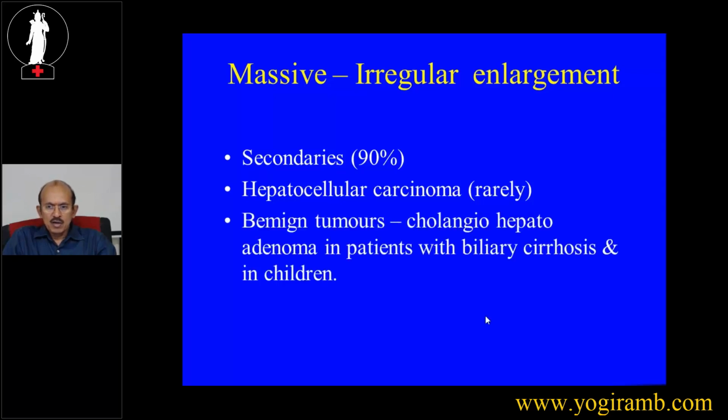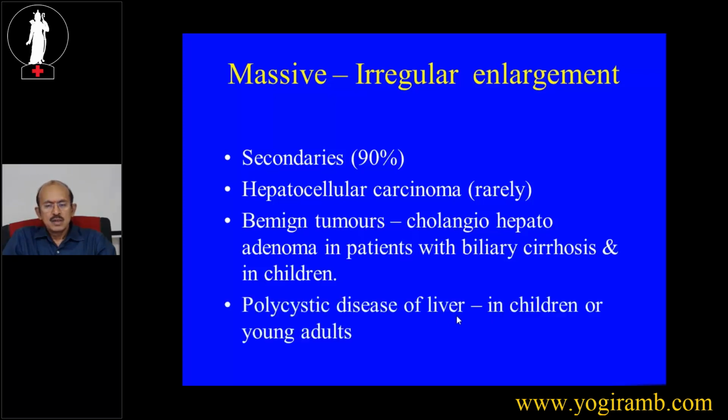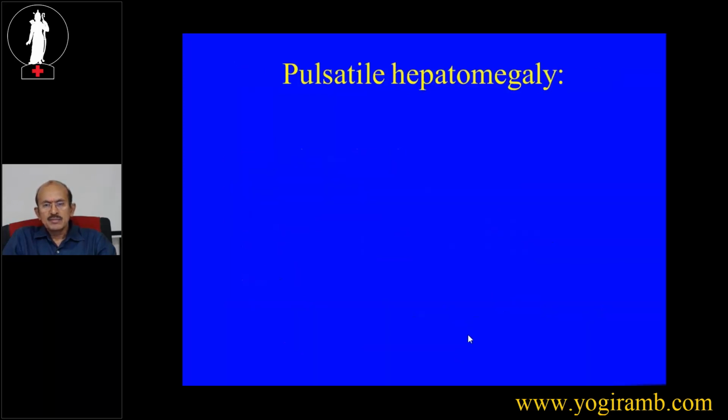A benign tumor like cholangiohepatoadenoma in patients with biliary cirrhosis and in children. Polycystosis of liver in children or young adults. So these are the causes for hepatomegaly.